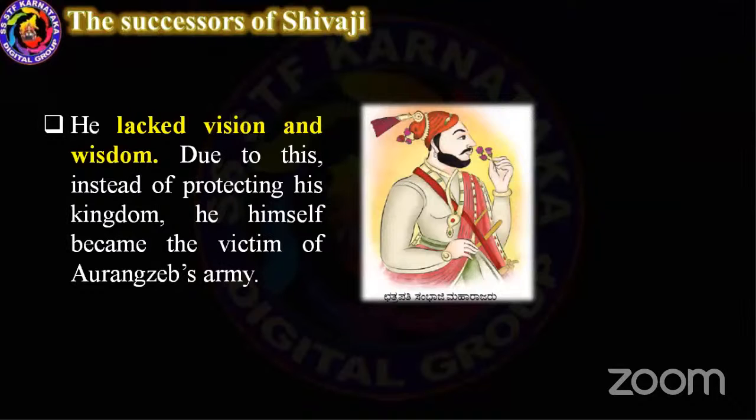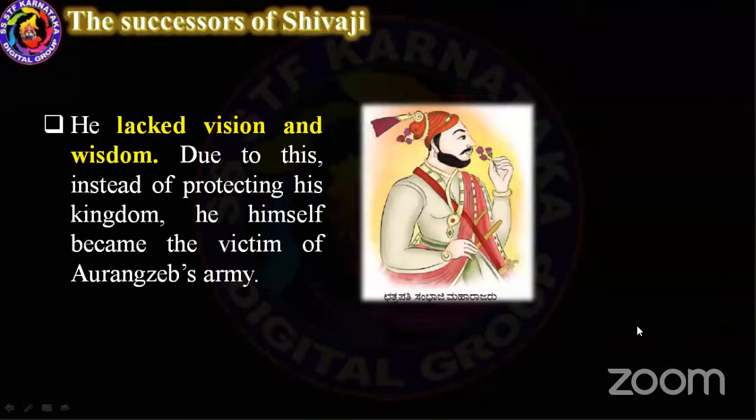He lacked vision and wisdom. He didn't have a clear intention regarding his kingdom. Due to this, instead of protecting his kingdom, he himself became the victim of Aurangzeb's army.